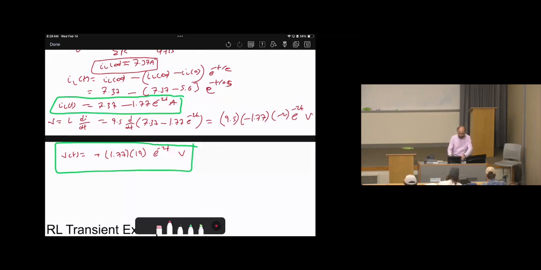So you can look at this question, calculating IL of t, or I'm sorry, IL of t, VL of t. There are 10 points out of a 25 points question. So let's assume in this question, if for example you were running out of time and you don't know what to do, you can assume some values. Assume tau is this value, IL of infinity is this value, IL of 0 is this value.